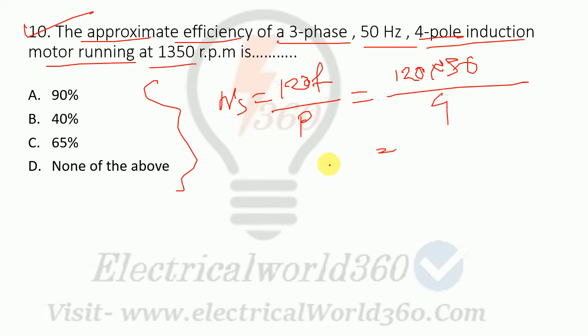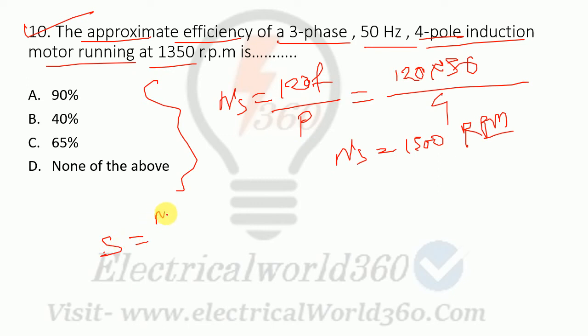So after solving that, we can get the Ns. So Ns will be 1500 rpm.